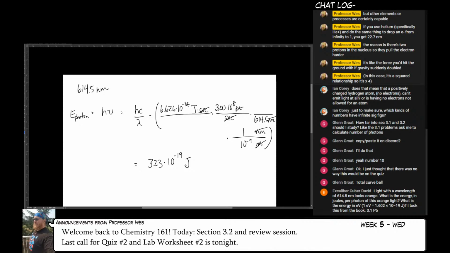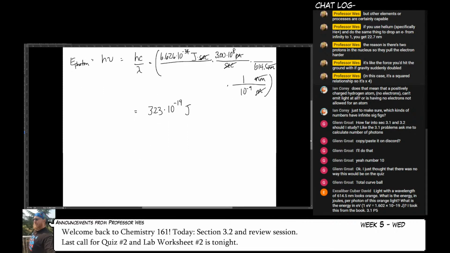So that's the energy in joules. And then the question asks you, what's the energy in electron volts?